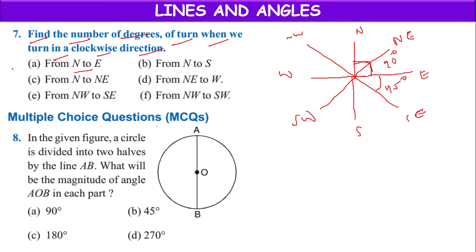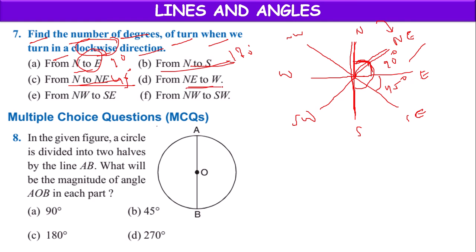Like that. From north to east, how many degrees? 90 degrees. North to south means this total part, 180 degrees. North to northeast, this part. We have to consider only the clockwise direction. North to northeast, this smaller part, is equal to 45 degrees.